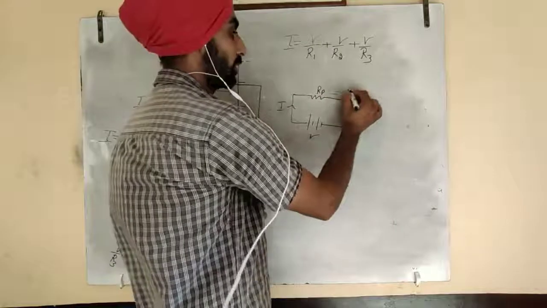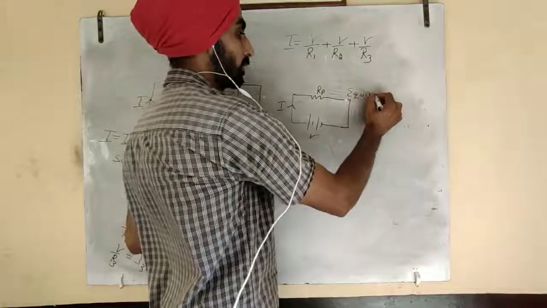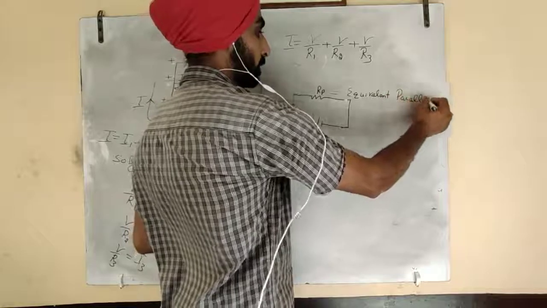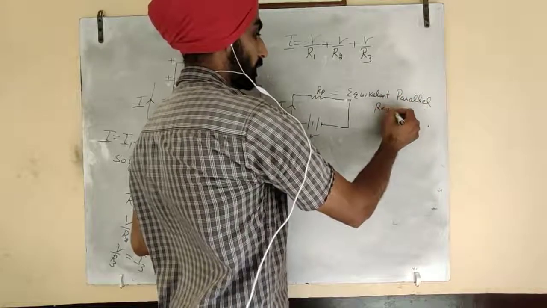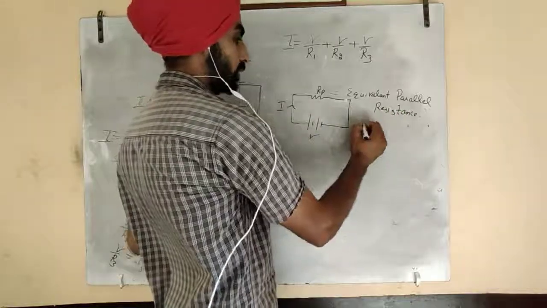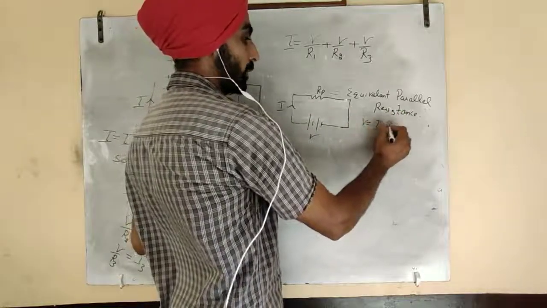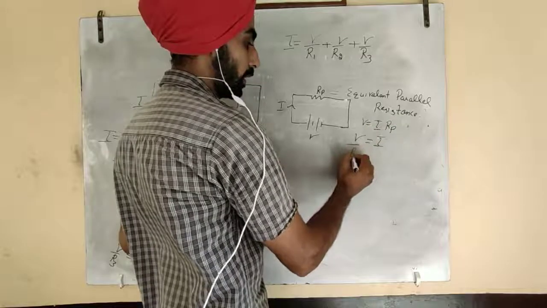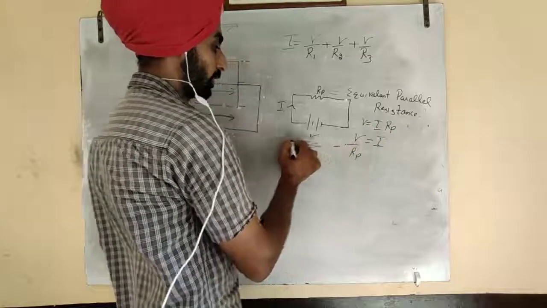So this is known as equivalent parallel resistance. Rp is known as equivalent parallel resistance. So what is the value of Rp? V is equal to I into Rp. So I is equal to V upon Rp. So put this thing here.